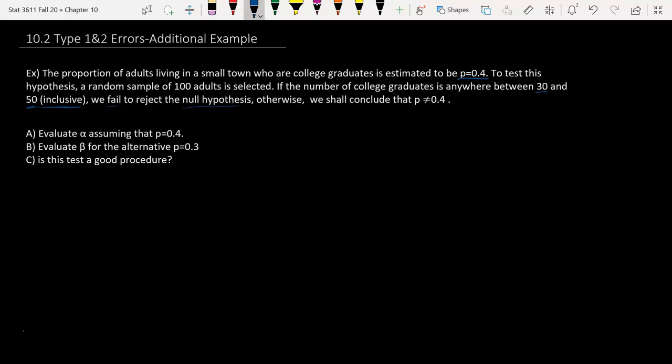Otherwise, we shall conclude that P is not equal to 0.4. So you're looking at a null hypothesis here that P is 0.4 versus the alternative hypothesis that P is not 0.4. And we're not actually going to run the hypothesis test here. We're going to compute the type 1 and type 2 errors.